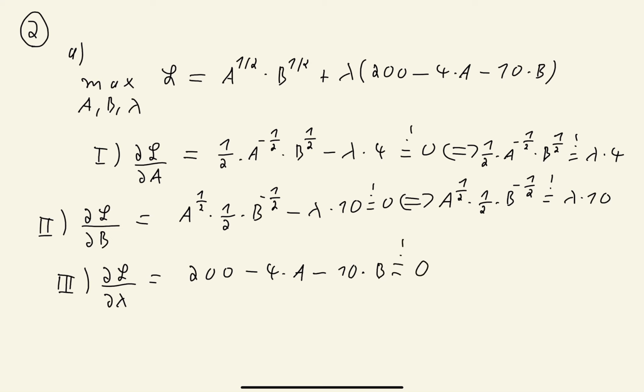Yes, so if you remember the substitution method that we used in one of the previous exercises, what you got there was that you made sure that the constraint is fulfilled by plugging it into the objective function. So you solved the constraint for one of the endogenous variables, and you plugged in this equation for the respective endogenous variable into the utility function, and then you maximize.